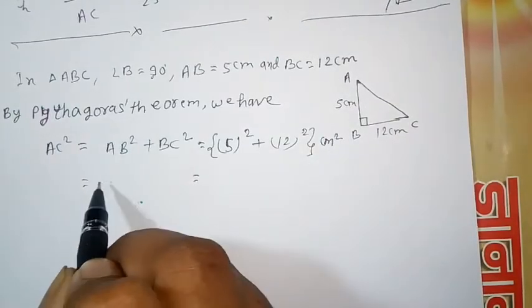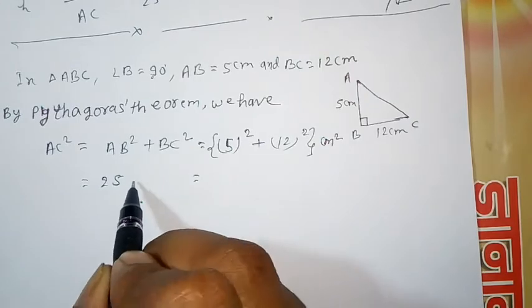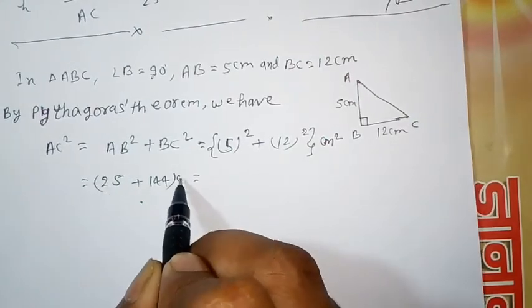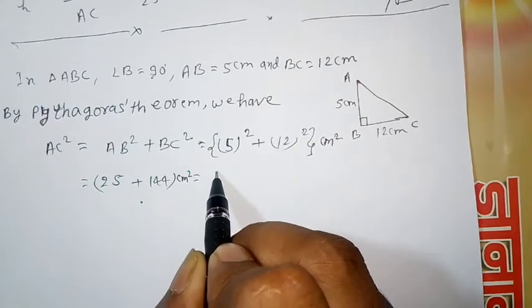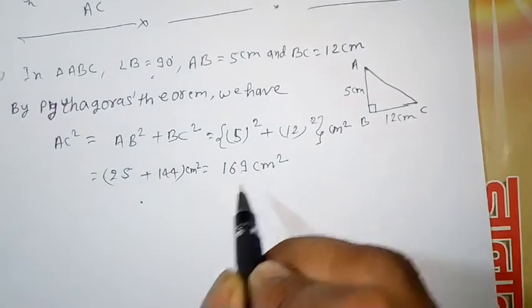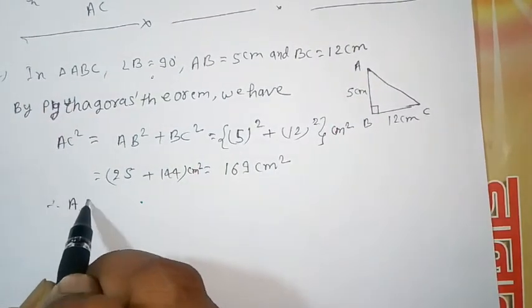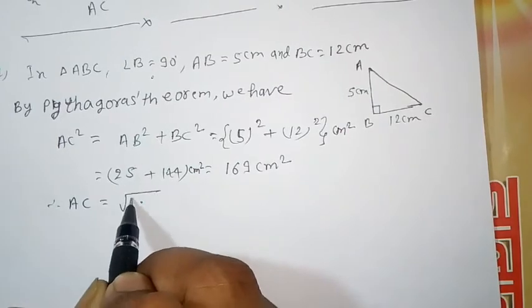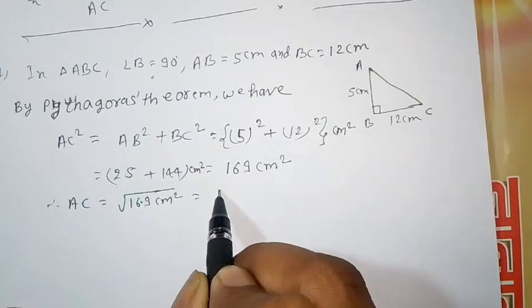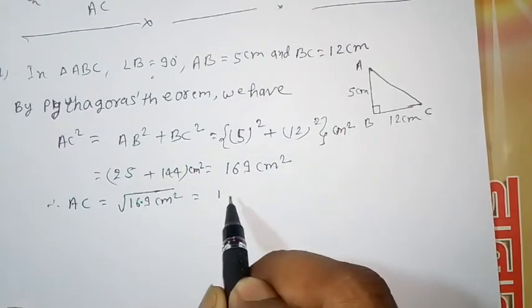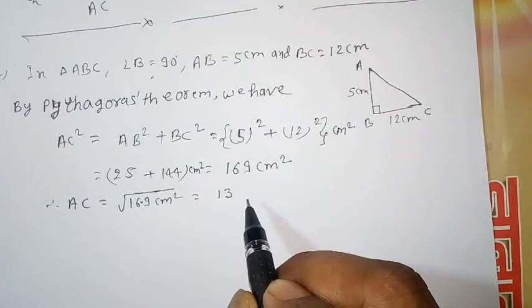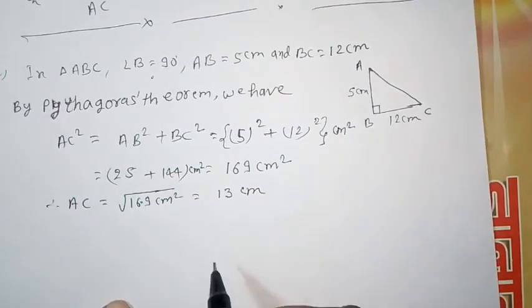Is equal to 25 plus 144 centimeter square is equal to 169 centimeter square. Therefore, AC is equal to root under 169 centimeter square is equal to root of 169 is equal to 13 centimeter.